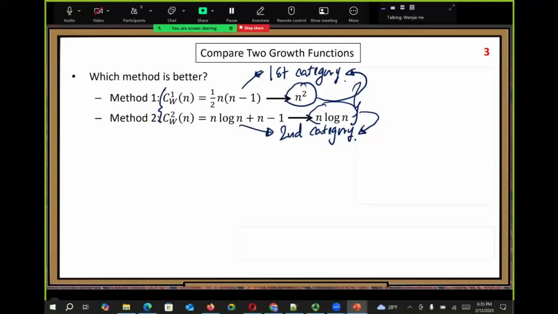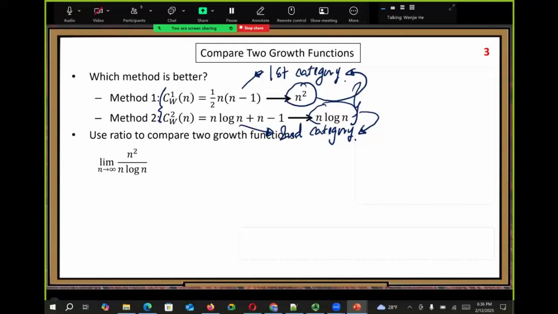How to compare? We take the ratio and calculate the limit of the ratio. So this time we calculate this limit when n goes to infinity, n squared over n log n.